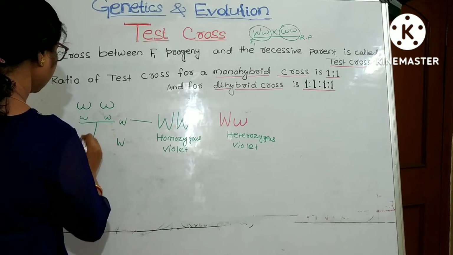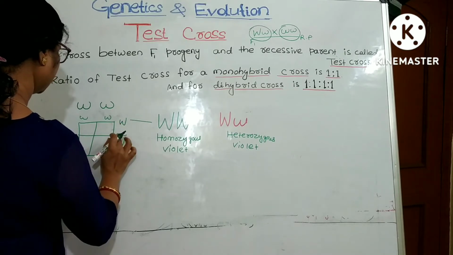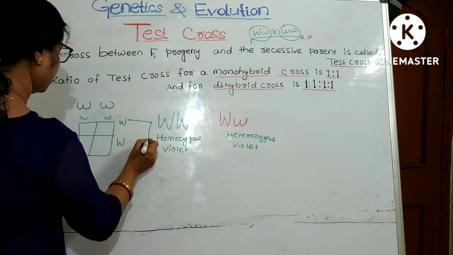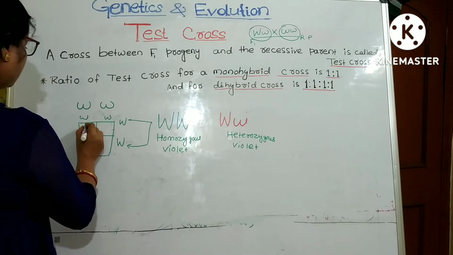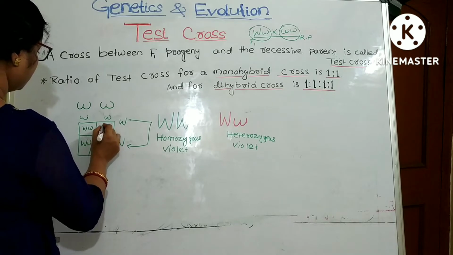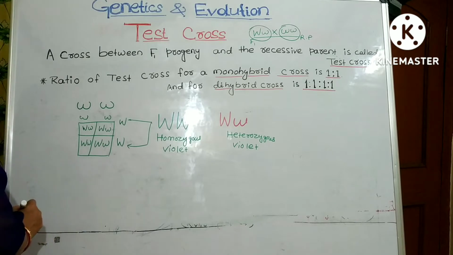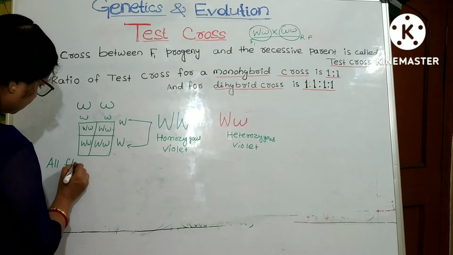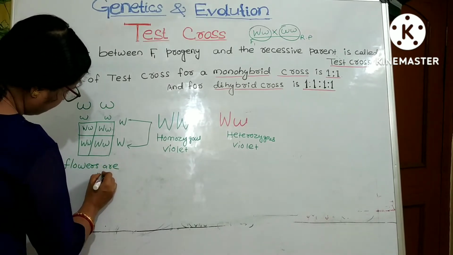If we draw the Punnett square, we get capital W, small w, capital W, small w, capital W, small w, capital W, small w. Then all flowers are violet.